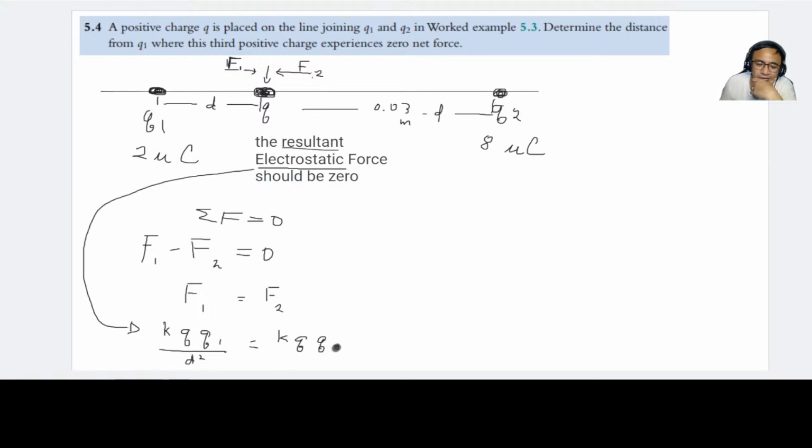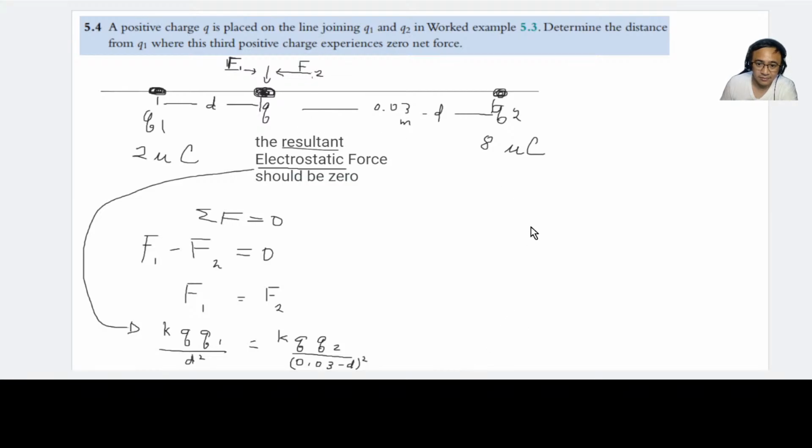If there's something you don't understand in this last equation, let me know. Could we do this?